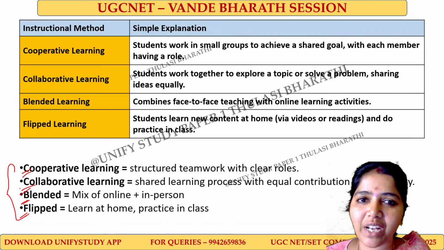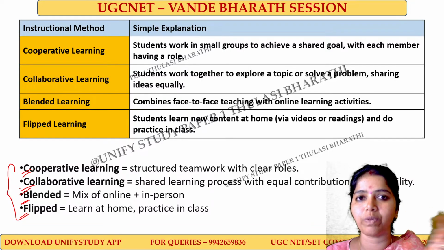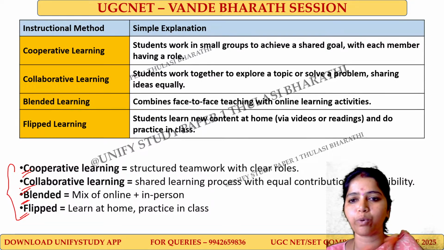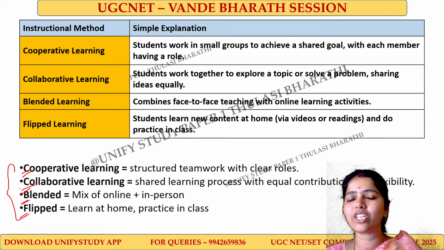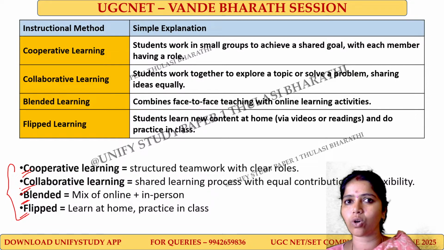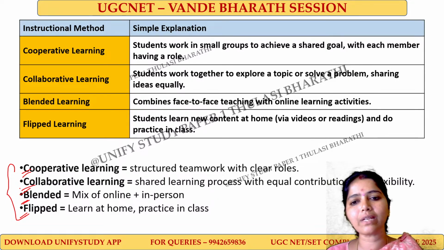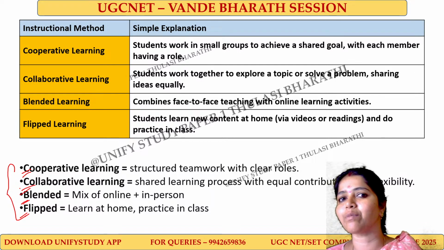So cooperative learning means what? Imagine a classroom. The students will be put into groups and they want to achieve a common goal, with each member having a role towards it, and that is called cooperative learning. Collaborative learning means equal responsibilities will be shared among the people.